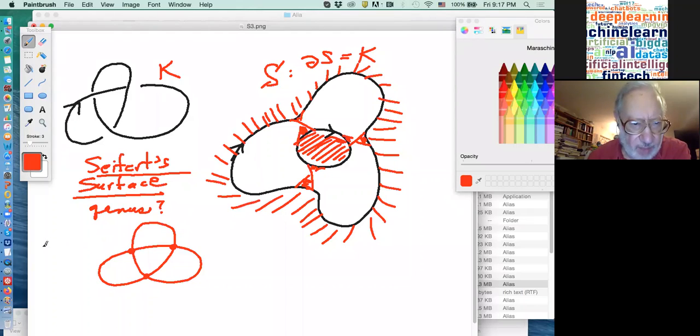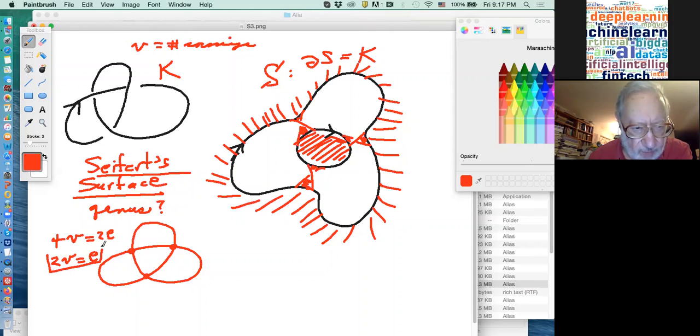You have 4 times the number of nodes. V could be equal to the number of crossings in the diagram. Four times that is twice the number of edges in the diagram. So twice the number of crossings is equal to the number of edges.